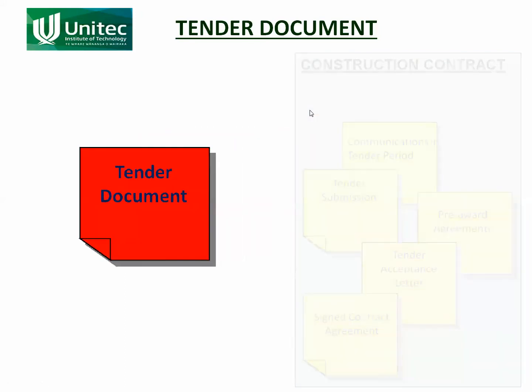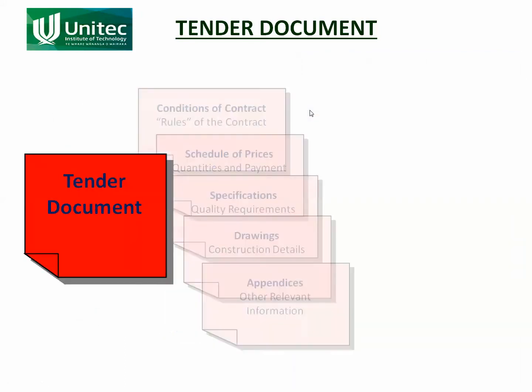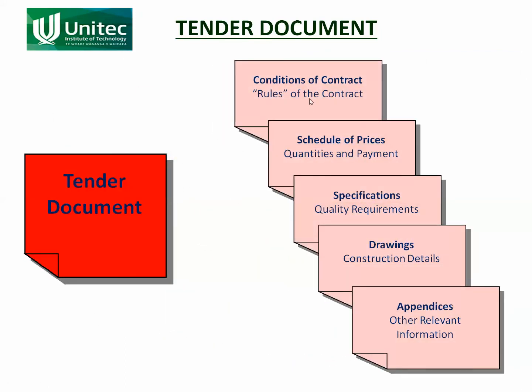Let's look at what the tender document's composed of. It's got the conditions of contract, which are the rules, the allocation of risk, of responsibilities, the roles and responsibilities of each of the parties, the rights and obligations of each of the parties. So that's the rules.